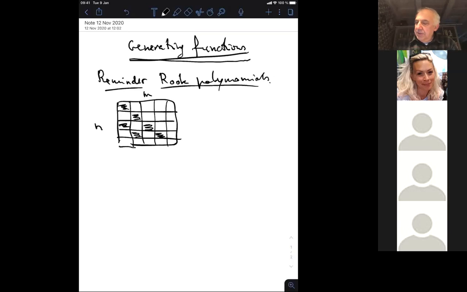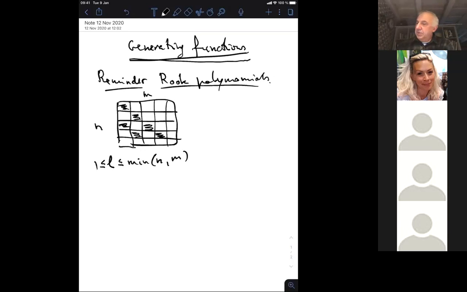And then we're asking, for a given number L, which is at most the minimum of n and m, otherwise the number would by definition be 0, if we're given L between 1 and this minimum of m and n, how many rooks can we place on our board? Rook is this chess piece, such that none of them stays in the same row or in the same column, on the allowed squares.